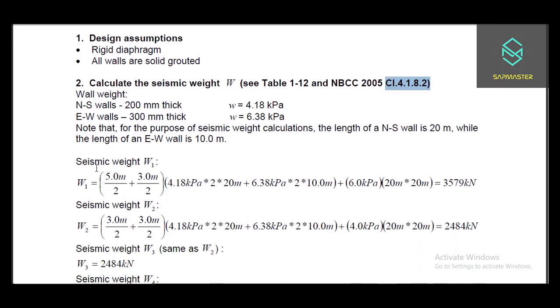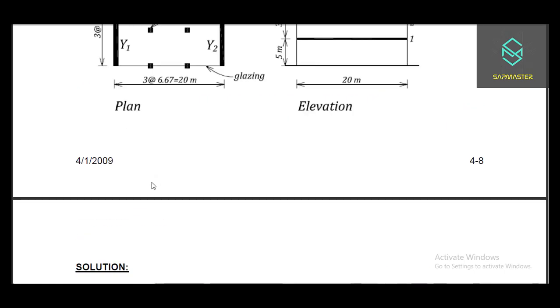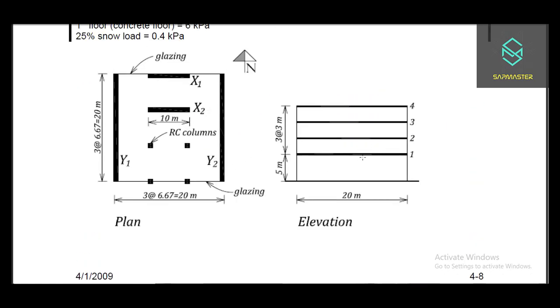So let's start with calculating the seismic weight of the first story. As you can see here, the first story is this one. When you want to calculate the weight, you have to include half of the wall below the story and half of the wall above the story. So you have 5 meters divided by 2 and 3 meters divided by 2, and also for here as well.